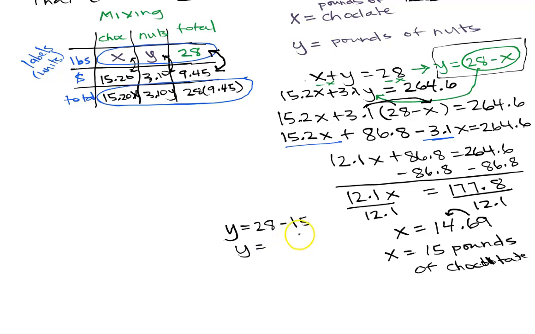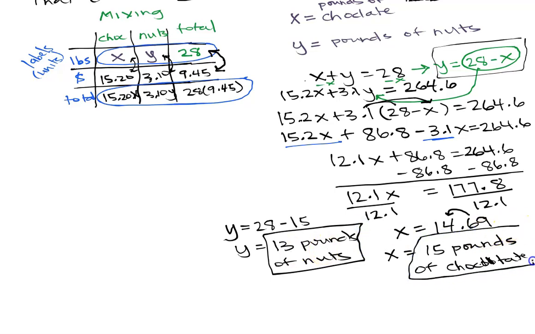So y is going to give us 13 pounds of nuts. Okay. And make sure you remember word questions need word answers. So make sure you put all your labels on there and tell me what it is you found, like 15 pounds of chocolate, 13 pounds of nuts.